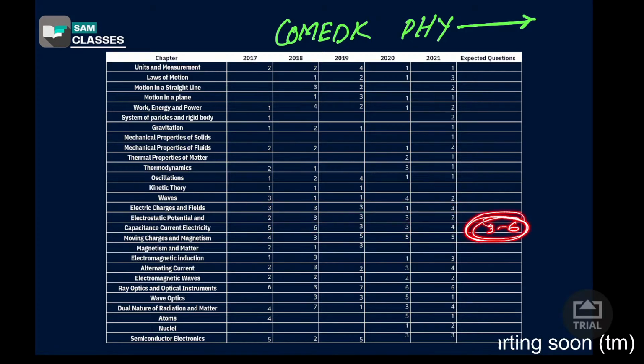As I've earlier said, in COMEDK the fluctuations are a bit more. So minimum 3, maximum it can go to 6 in the current part. Clear? So again, a very valuable chapter, current electricity, for COMEDK and also for KCET. Clear?